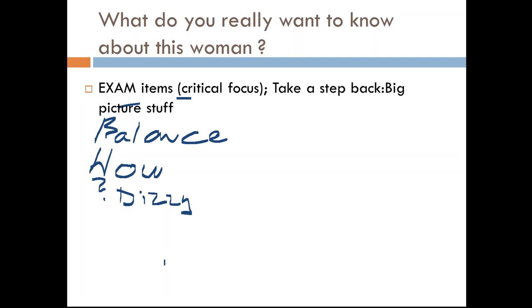We just overlook one huge cause of the fall, and we could be treating their range and their strength and doing the bike and doing all this fancy stuff. But the truth of the matter is they have BPPV, and if we didn't address it because we didn't ask, then we're not doing what we were supposed to be doing for the patient, which is treating the underlying cause of a fall. So again, the how piece is very important for you guys to ask.